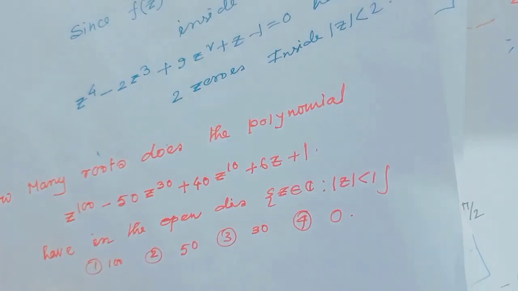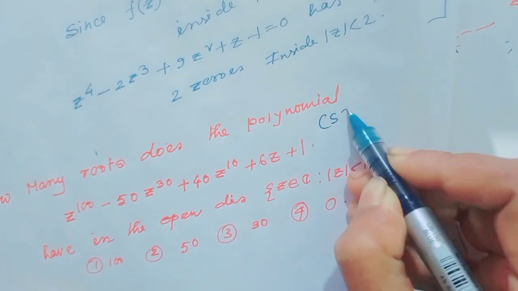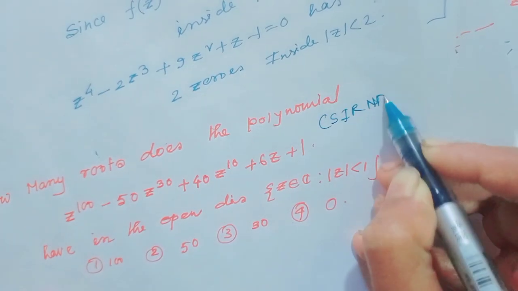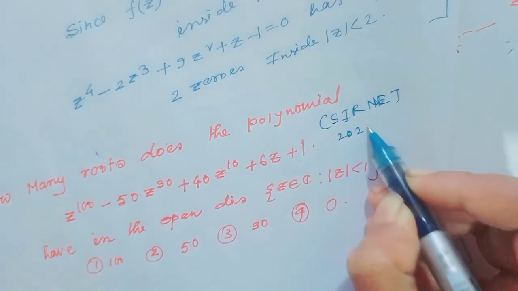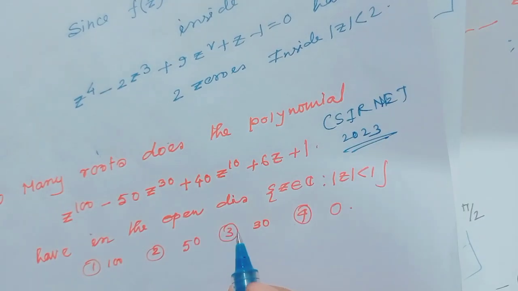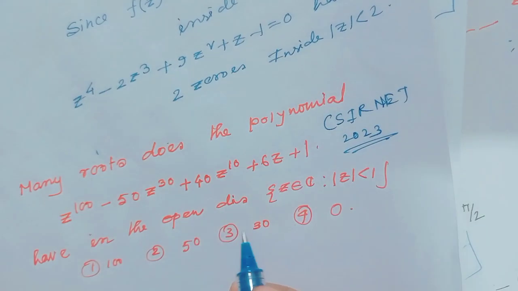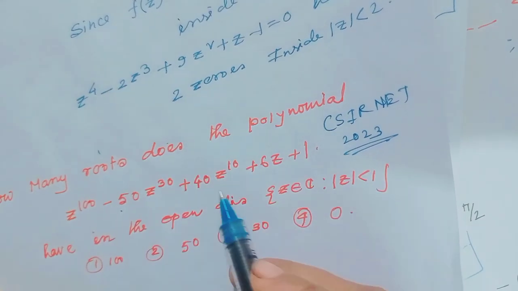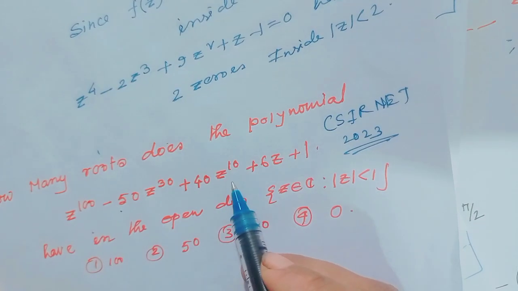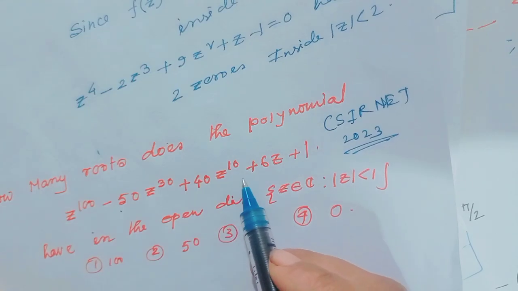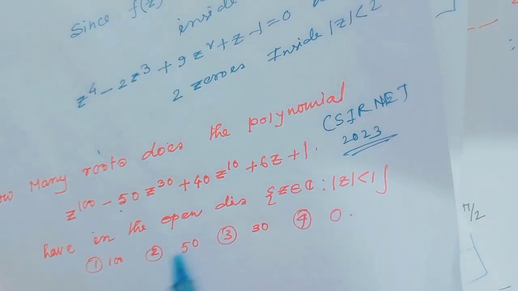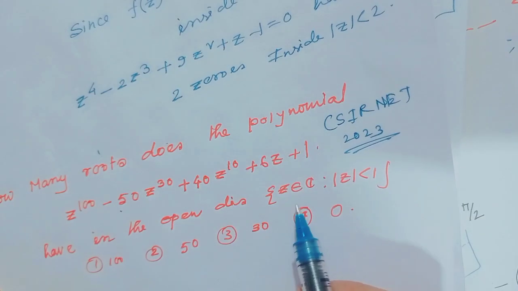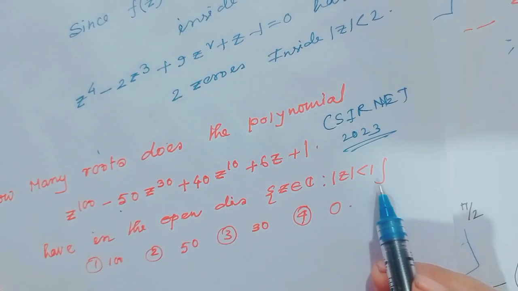Next question has come. CSIR NET 2023 exam. The question is: how many roots does the polynomial z to the power 100 minus 15z to the power 30 plus 40z to the power 10 plus 6z plus 1 have in the disc mod z less than 1?